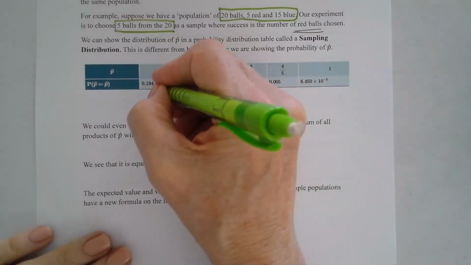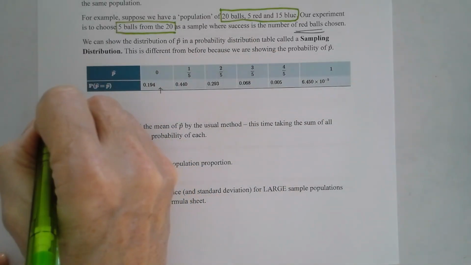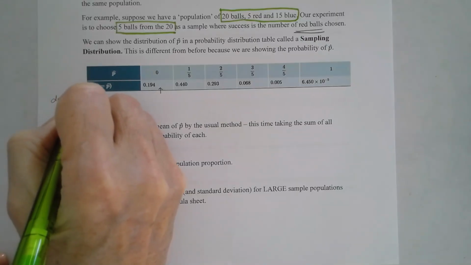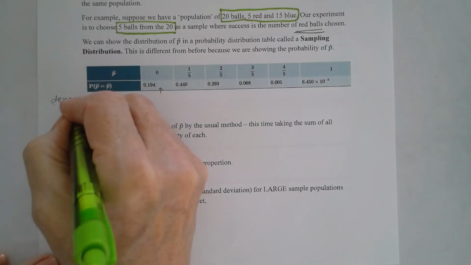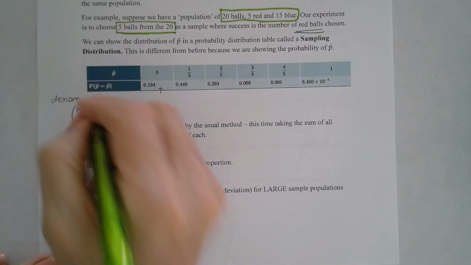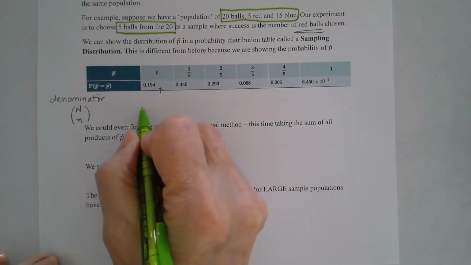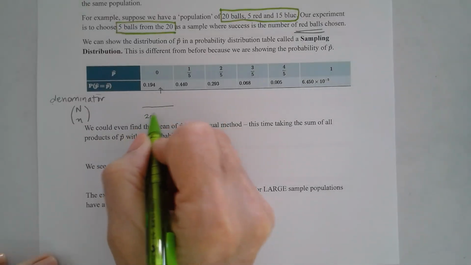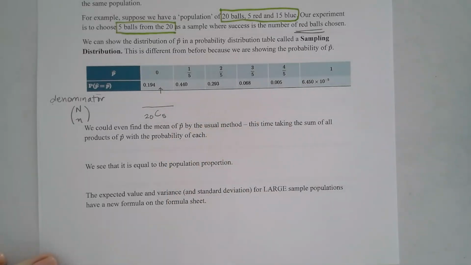To get this number here, the denominator for all of these is big N choose little n. So in this case, it's going to be 20 choose 5. For every one of these, that's the denominator. And then the numerator is the choices out of the 5.